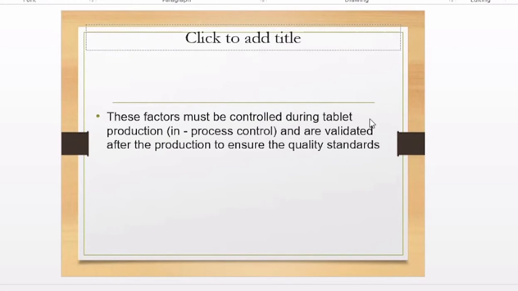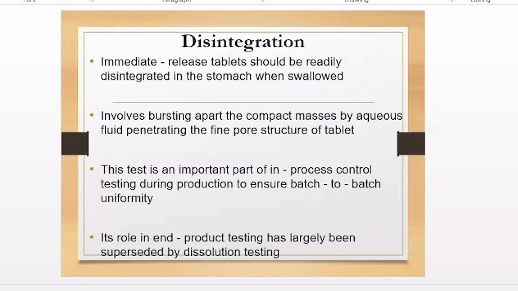And then you want to do the same after the production is complete. You see if the tablets still comply with the specifications you stated. So let's have a look at these tests one by one for now.